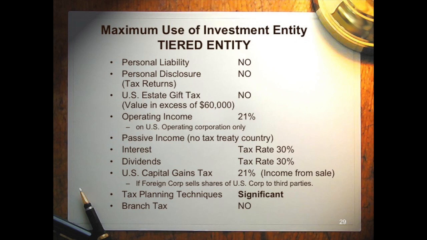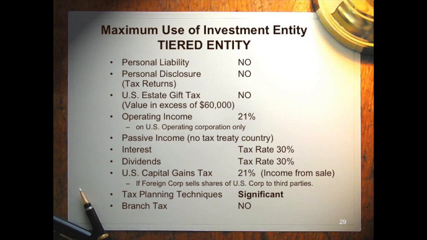The tax reduction means that they've had a 50 to 60% increase in their cash flow on these assets. So the tiered entity is a very, very good tax planning technique.